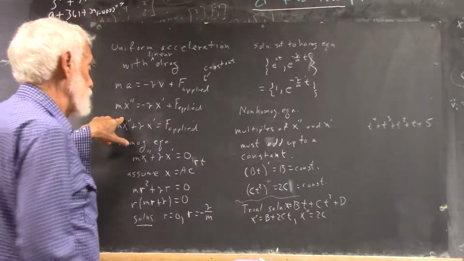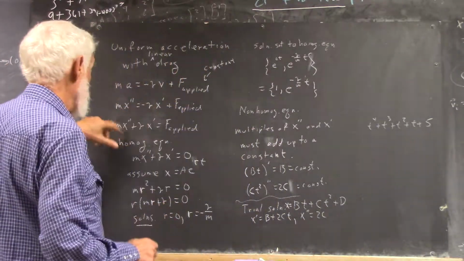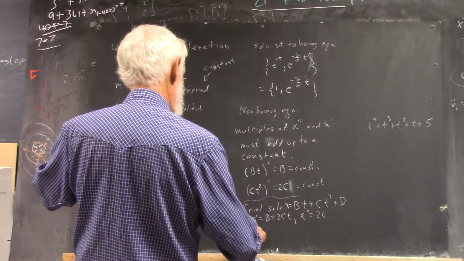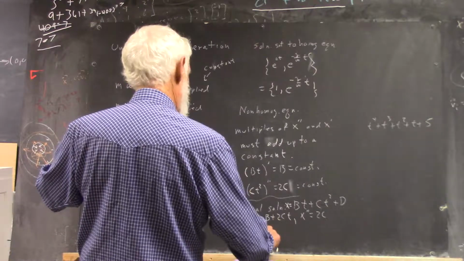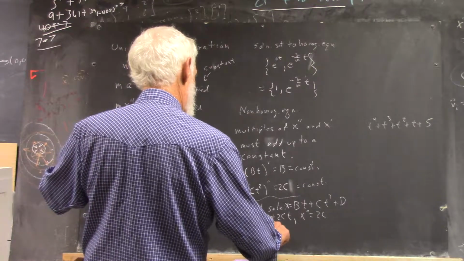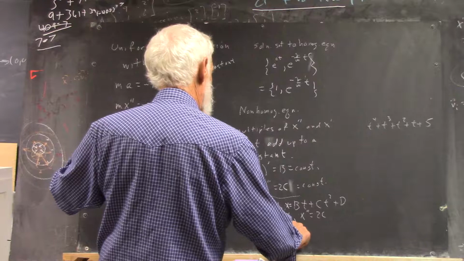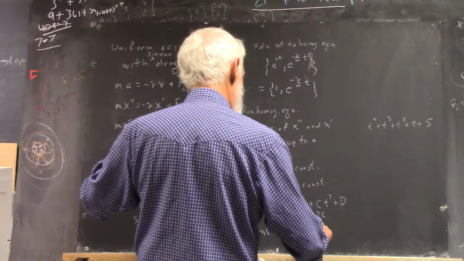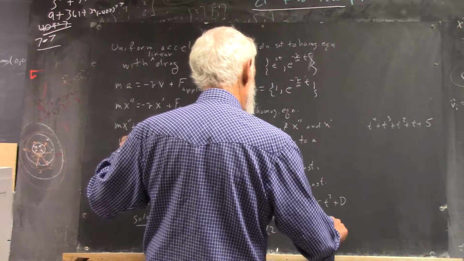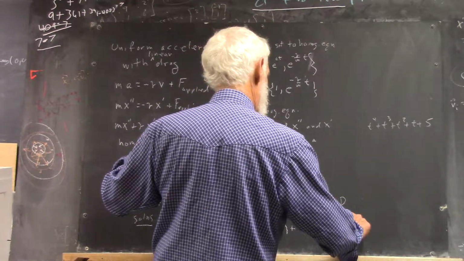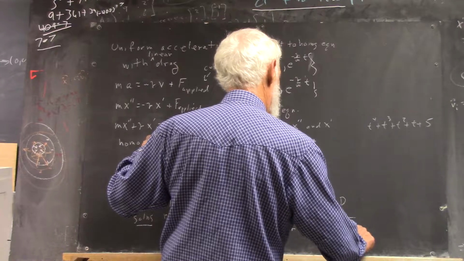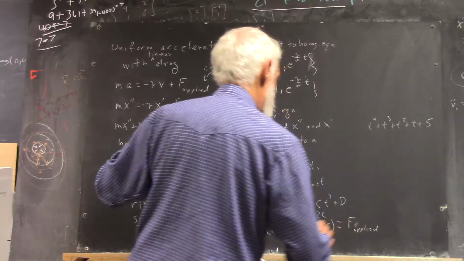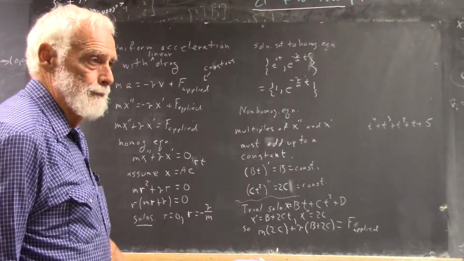Okay? So our equation becomes m times 2c plus gamma times b plus 2ct equals F applied. Okay?